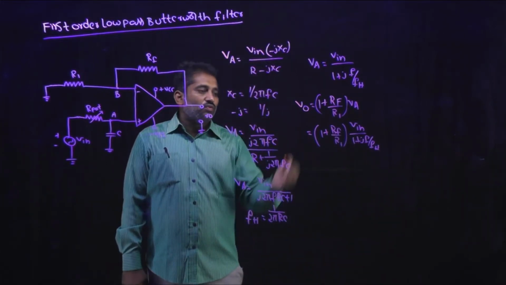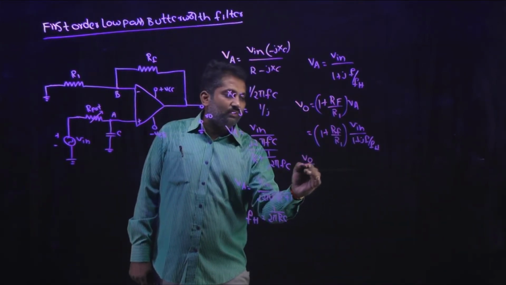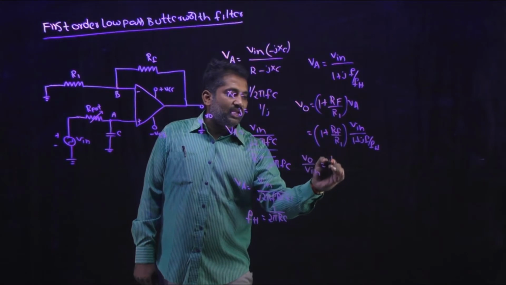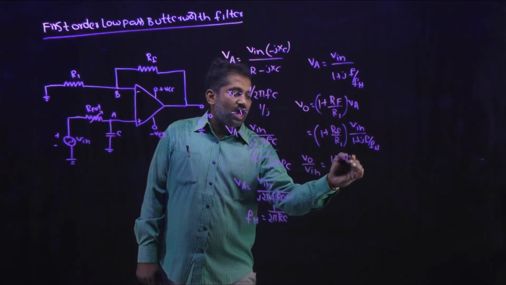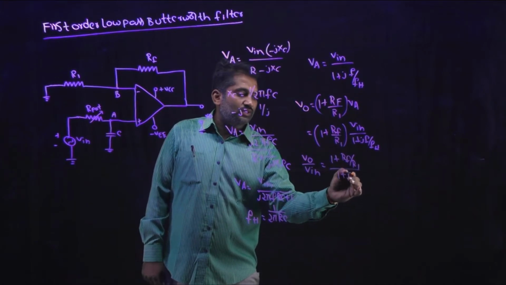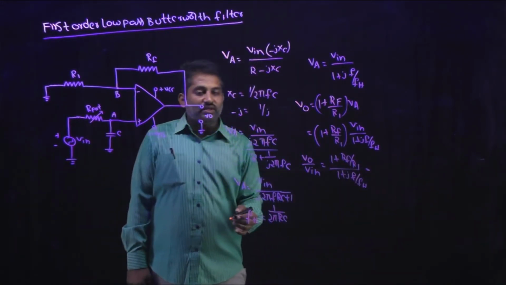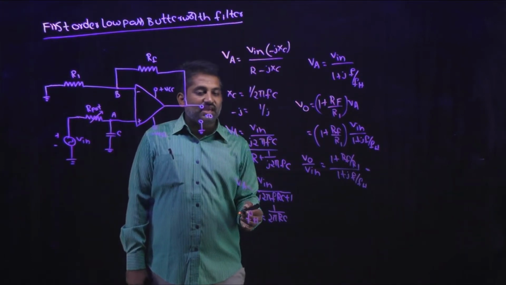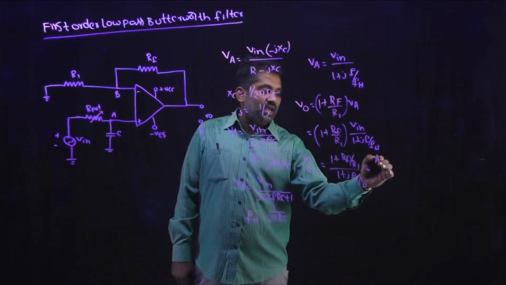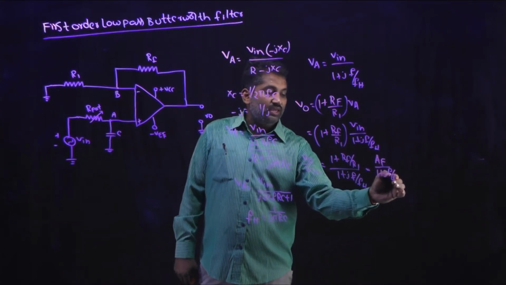So V0 divided by Vin is 1 plus RF by R1 divided by 1 plus j F by FH. 1 plus RF by R1 will be taken as the gain AF, so it is AF divided by 1 plus j F by FH.